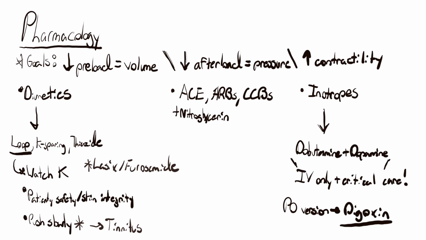Another one that we can use is a vasodilator, right, which is a little different. That's nitroglycerin. That's a vasodilator that works by opening up the vessels, and by opening up those vessels, it's reducing afterload, because a larger vessel has less pressure than a smaller vessel, right? So nitroglycerin we'll go into more detail with in our coronary artery disease video, but just understand that it can be used, especially for acute pulmonary edema, which is one of the worst case scenarios that we are going to talk about.